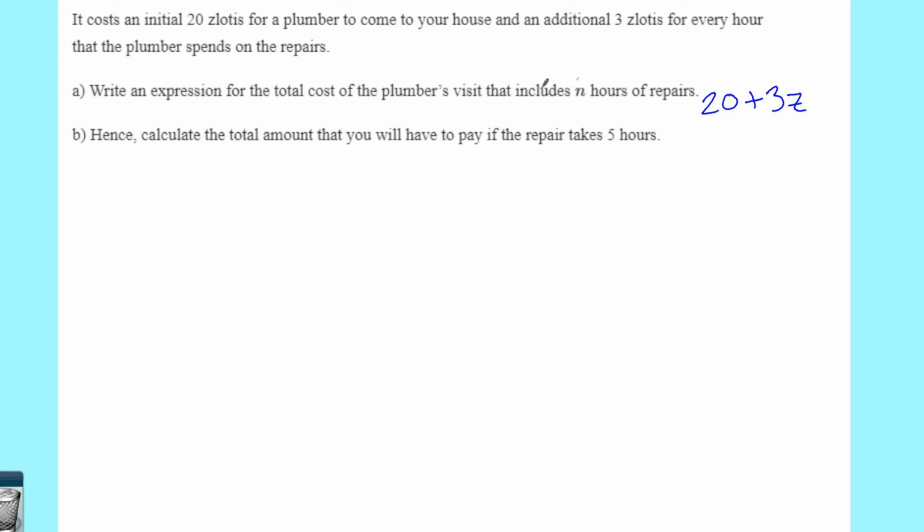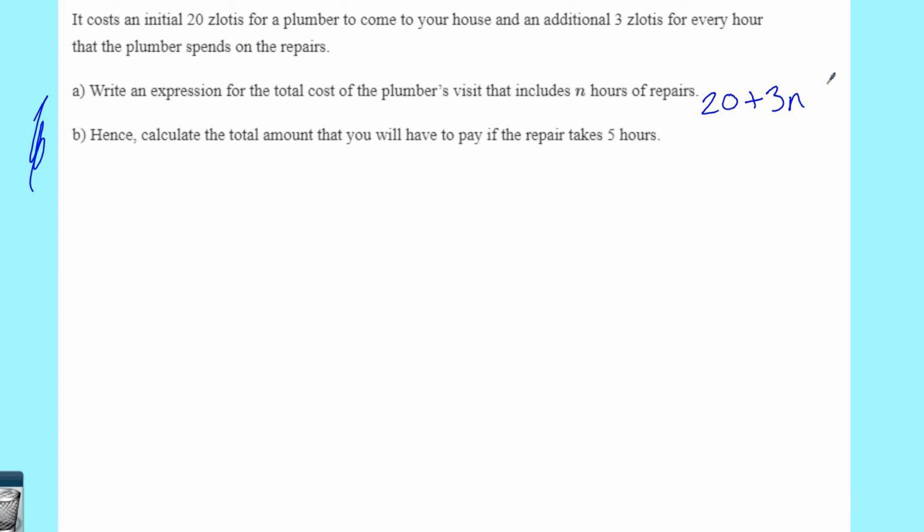Okay, so this is the cost of repairs in hours of repairs. Oh, I'm sorry. That should be 3n. Sorry, it's not recognizing my pen.